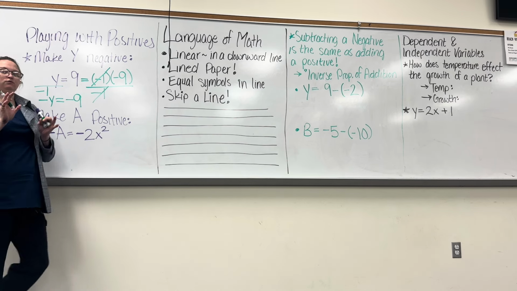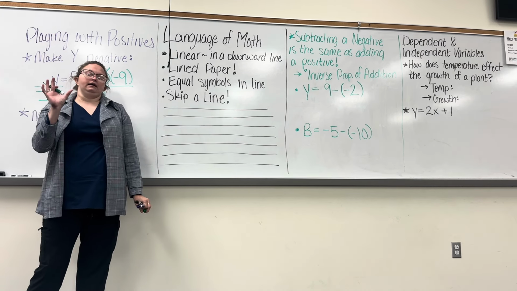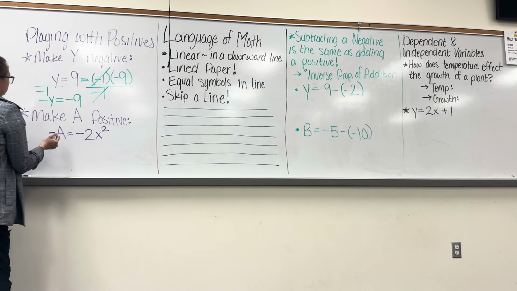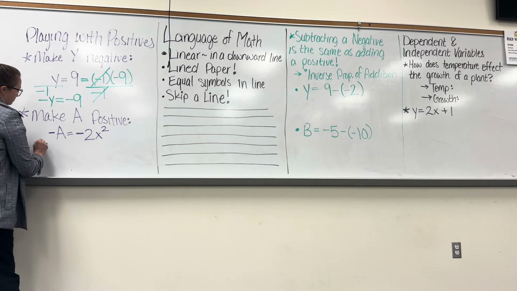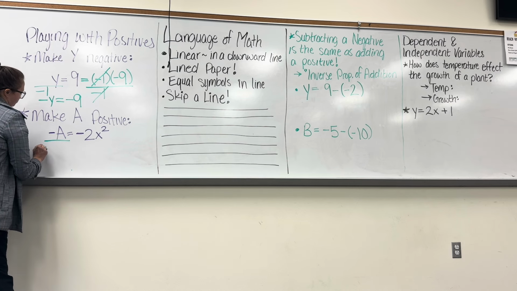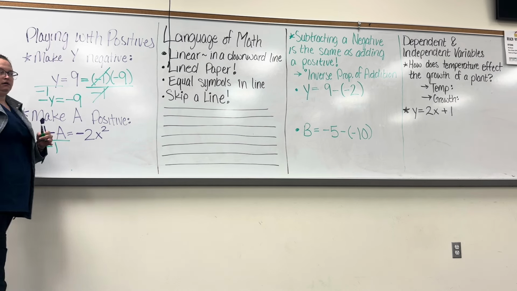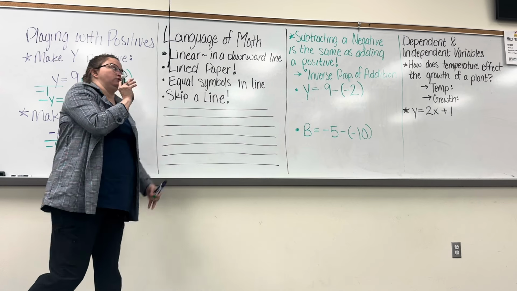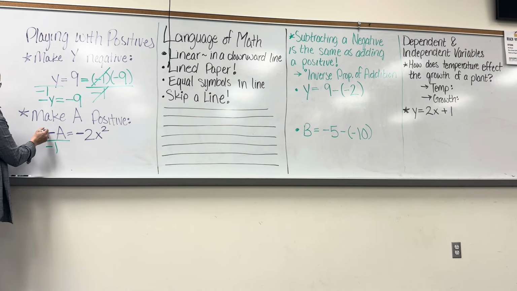So back to our rules from yesterday, a negative times a negative is a positive, okay? So we are going to divide by -1, again, divide by a whole number versus multiply by the reciprocal. That -1 and -1 cancel each other out, and you're left with a positive a over here.